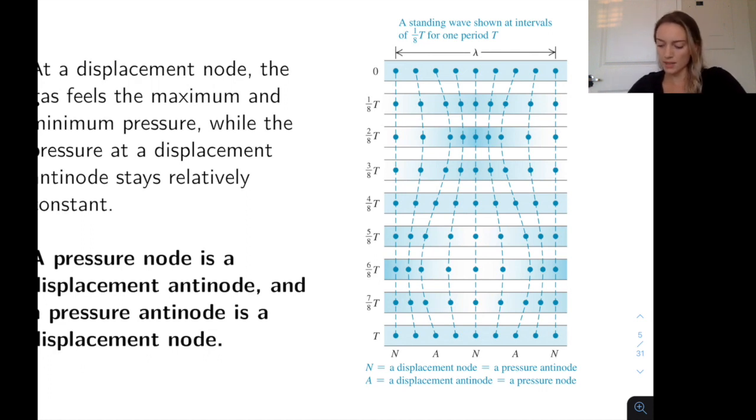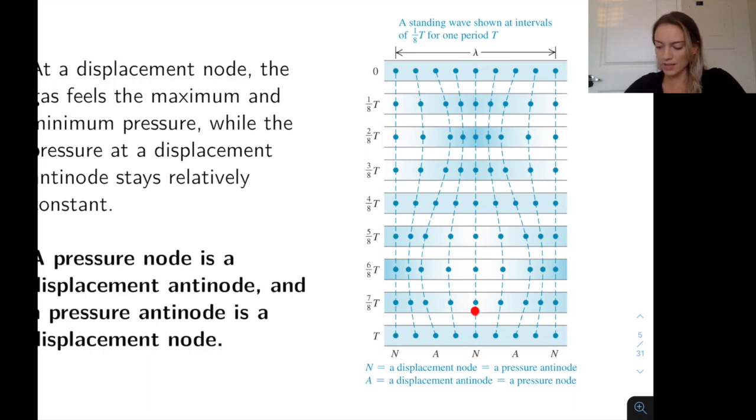So you can see here, let's take this first N, at a displacement node, this particle here is not undergoing any motion. You can see that the pressure starts off all light blue, it's all the same, and then the pressure here decreases, and then the pressure here increases, and it feels the maximum pressure here, and then it starts decreasing again. And it's the same for all of these nodes, right?